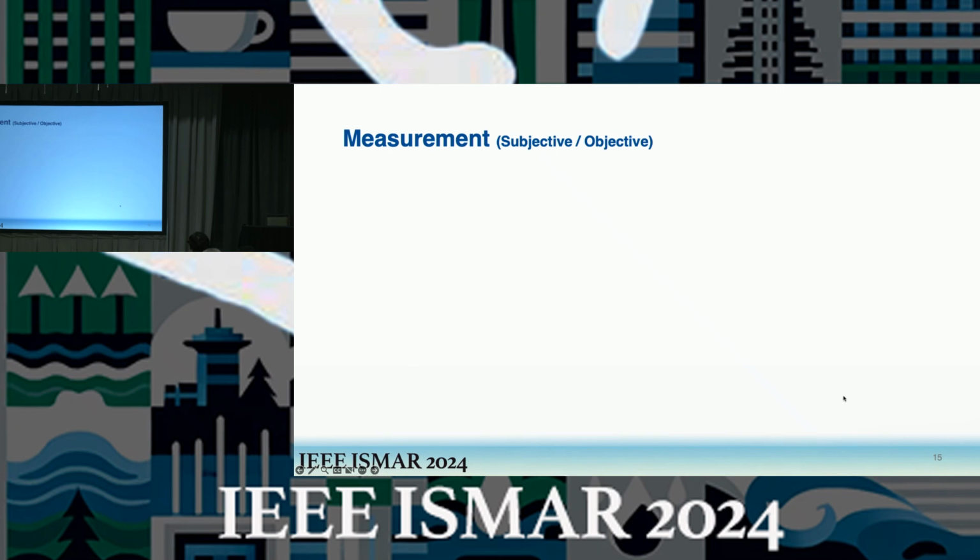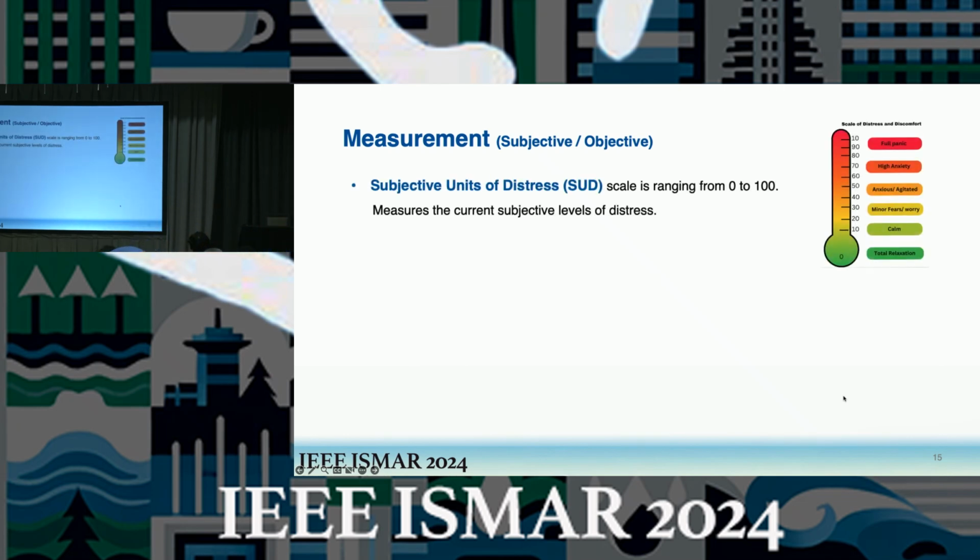For measurement, we firstly use the subjective units of distress, which is a self-report questionnaire, and its scores range from 0, which means total relaxation, to 100, which means full panic. To avoid the limitations of self-report measurement, we also collected heart rate variability, HRV, data as an objective measurement.